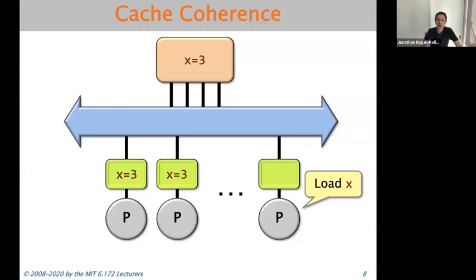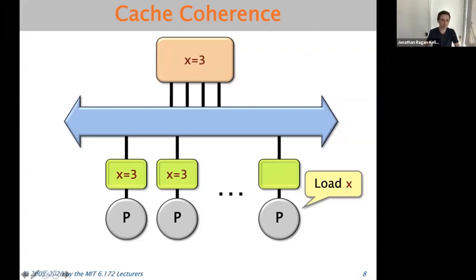Okay, so now again, remember we loaded a copy of X onto our first 2 cores over here, and we wound up with local copies in their respective caches. Now our last core over on the right says it also wants to load X. It wants to get in on the party. Now we can do the same thing that we did before and fetch it all the way from memory.